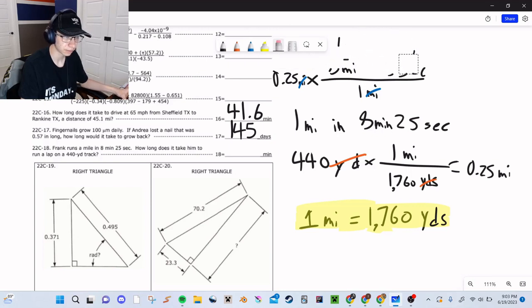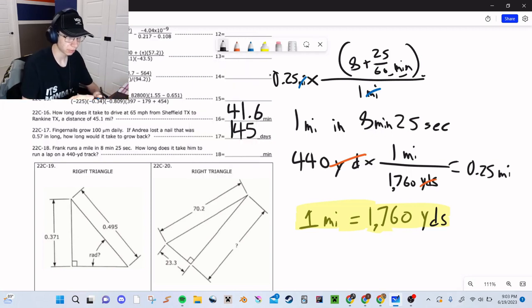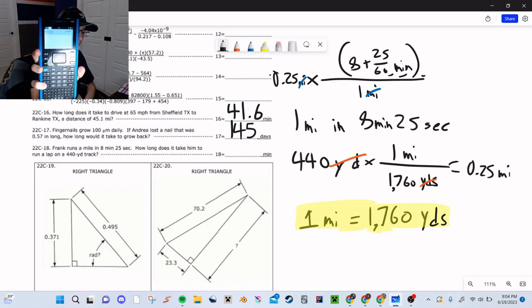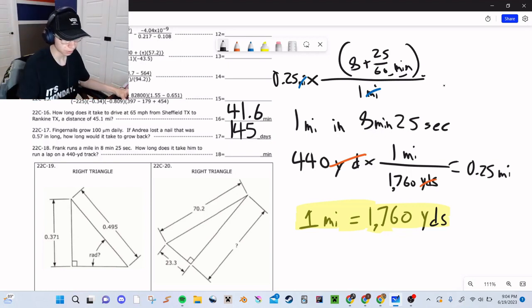So I'll multiply this in my calculator, and we'll get the answer of 2.10 minutes.